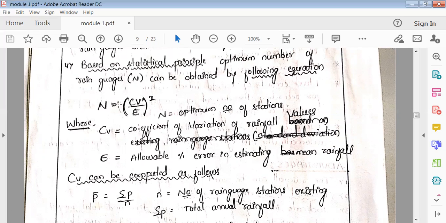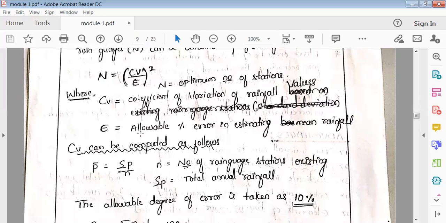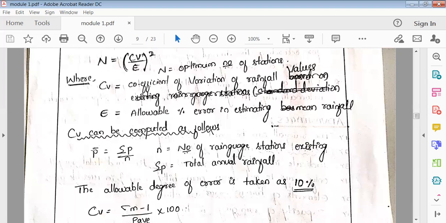Now how to calculate the CV, that is, the coefficient of variation of rainfall, can be calculated by using the formula. P dash is equal to summation P divided by n, where small n is the number of rain gauge stations existing, and capital N is the optimum number of stations.